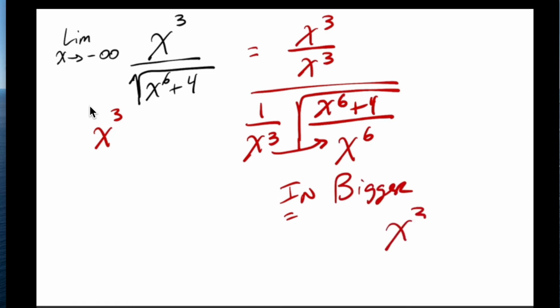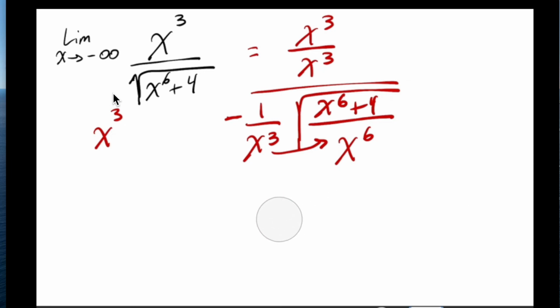We do x to the 3rd squared to get x to the 6th. However, because this is an odd exponent outside of an even radical, and because the inputs are negative, we're going to go ahead and add a negative out in front of that function. Okay, let's see where this takes us.